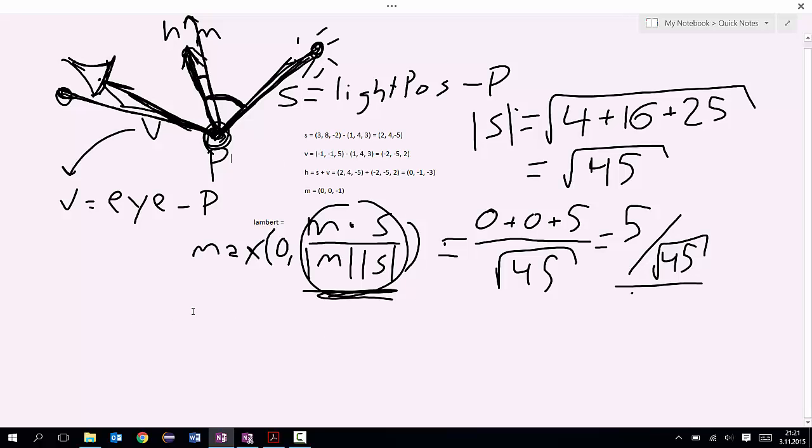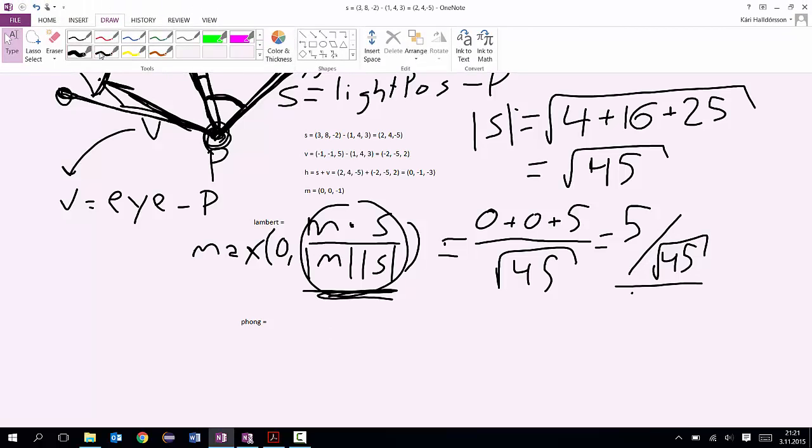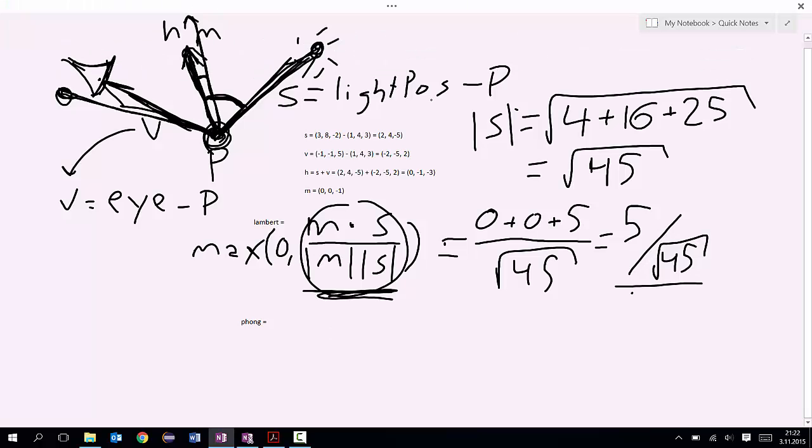So what we get here is, let's do the same for the vector Fong, which equals, again, the vector m dot the vector h divided by the length of m times the length of h.